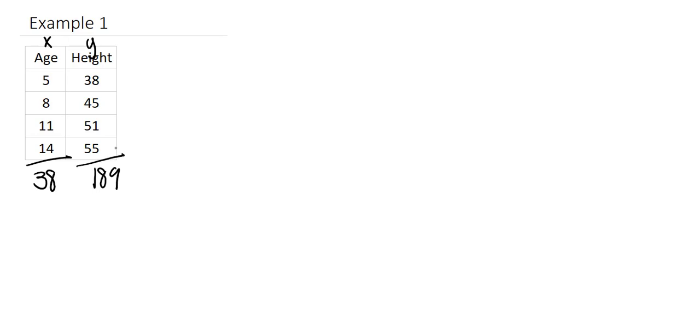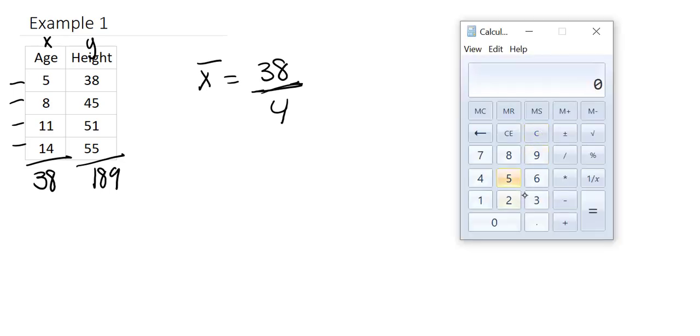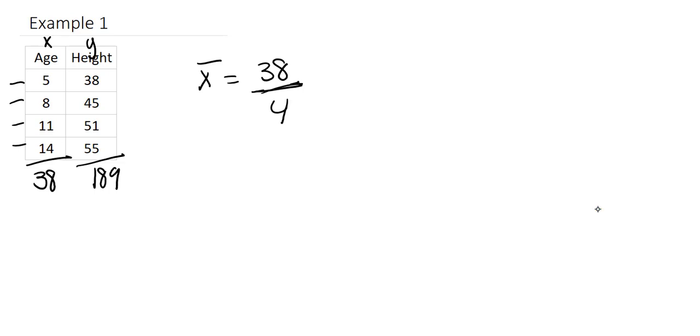So we add up all the x's and the y's. Then what we need to do is take x bar, right? We got 38, and we divide it by 4. The reason is that we have 4 samples of data. So 38 divided by 4 is equal to 9.5.